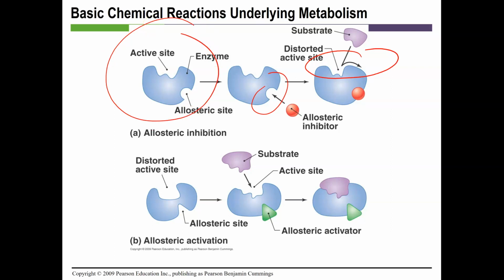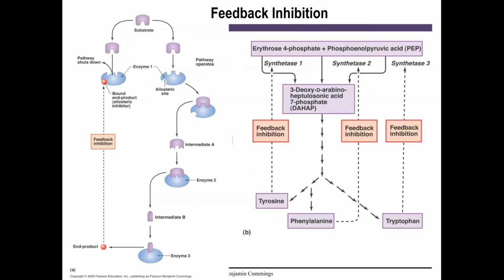The last concept of this section is feedback inhibition. This is the name for a very common phenomena in cells. In this process, the final product of an enzymatic set of reactions acts as an allosteric inhibitor to the first enzyme in a process.